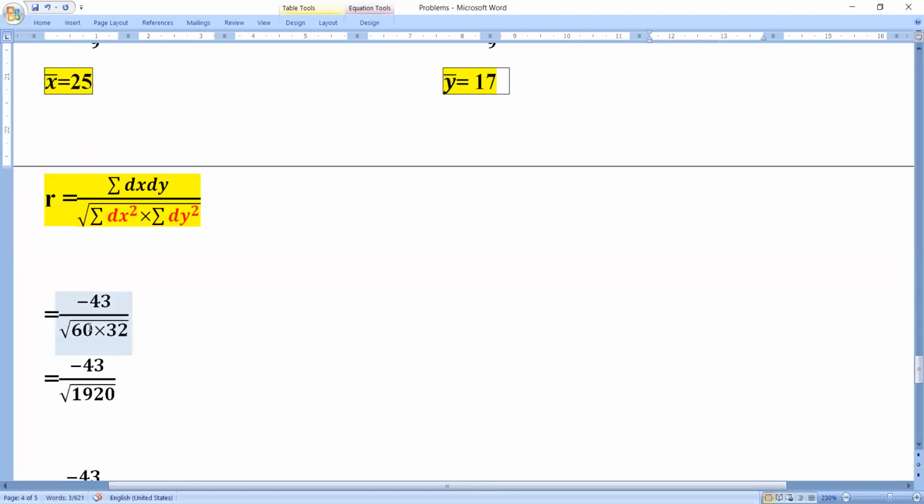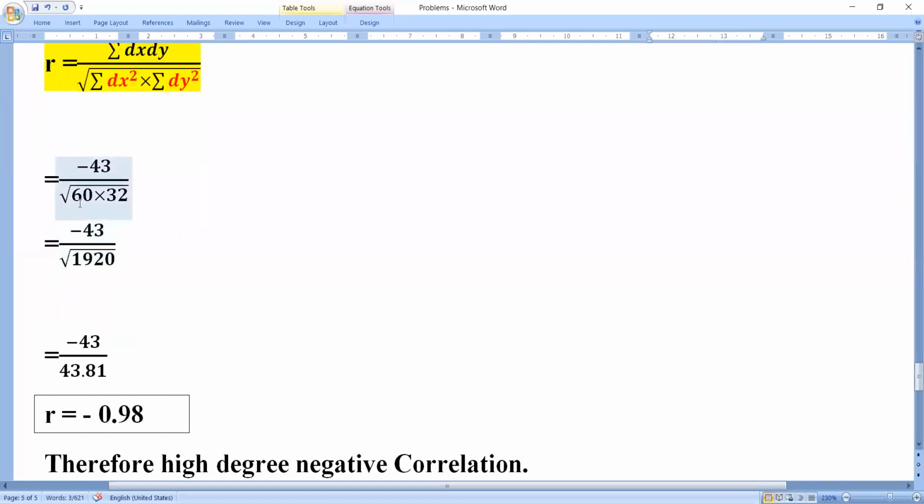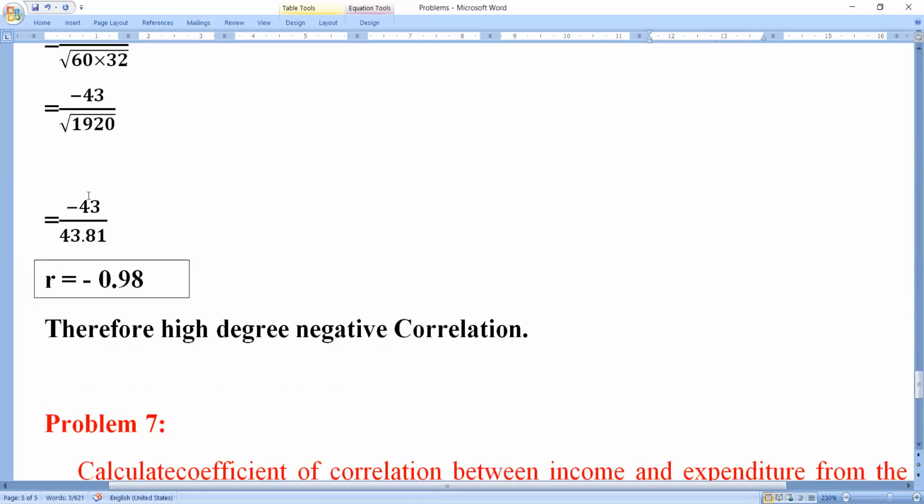Minus 43 divided by the square root of 60 into 32. When we multiply 60 into 32, how much do we get? We get 1920 under the square root.